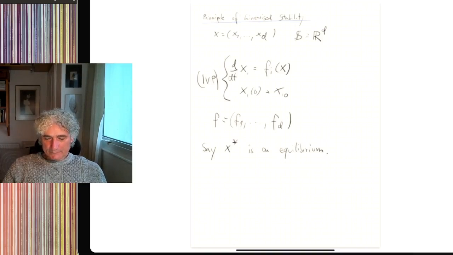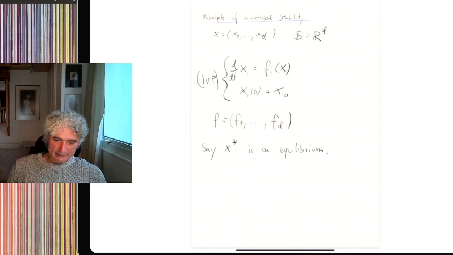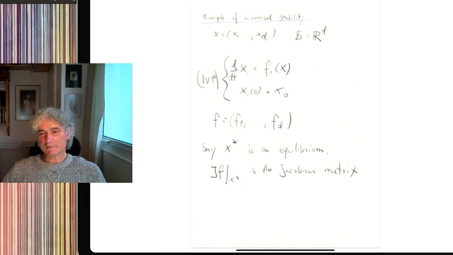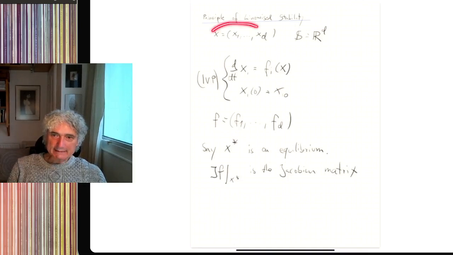We can define the Jacobian of the vector field f evaluated at x star, let's say called JF evaluated at x star. This is a matrix that has all the partial derivatives of f with respect to all the different states x.